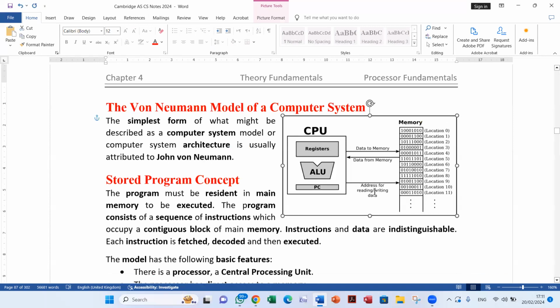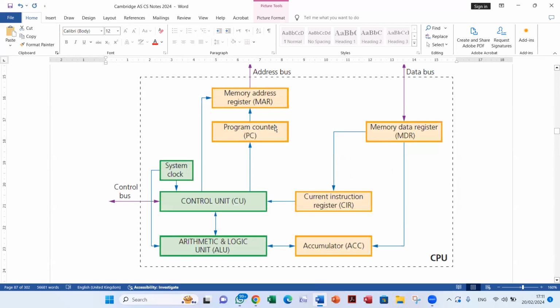So the program counter contains the address of the next instruction. And the address from the program counter goes to another register called the memory address register, MAR. The address in the program counter is transferred to the MAR.